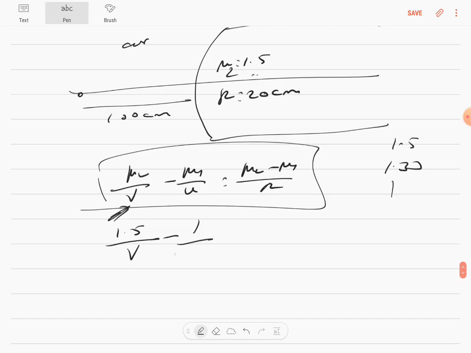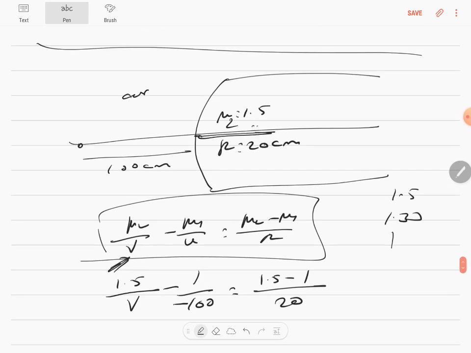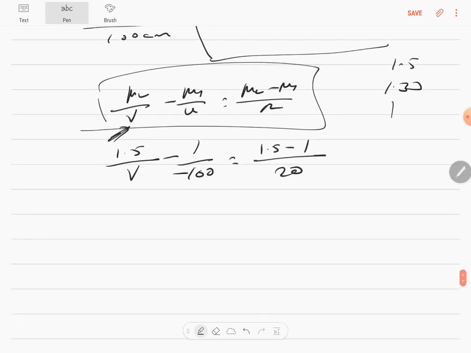So this will become minus 100 is equal to mu2 minus mu1, which is 1.5 minus 1 by R, which has been given to be 20. Can the radius be taken as positive? Yes, because it is on the right side. I need to check the sign convention. So 1.5 by v plus 1 by 100 is equal to 0.5 by 20.